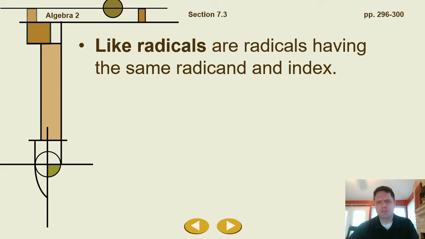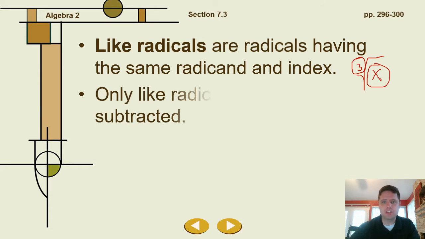Okay, now like radicals are radicals having the same radicand and index. So in order for them to be like radicals, both the number that is above the radical sign and the number inside of the radical sign have to match each other. So whatever they are, they have to be the same. When they are, then we just add the coefficients that are in front of them.